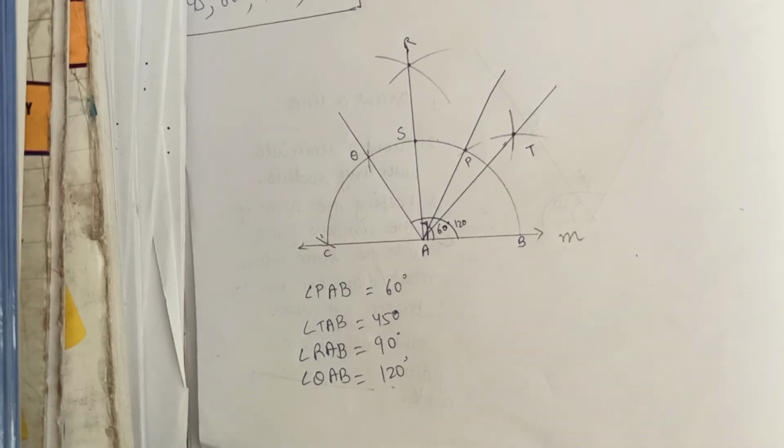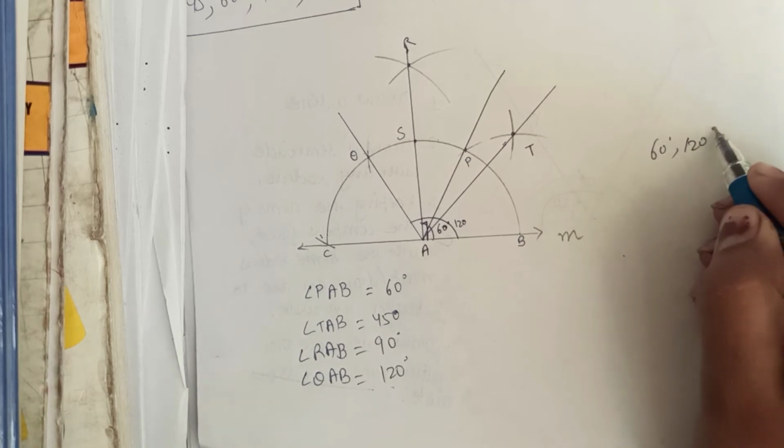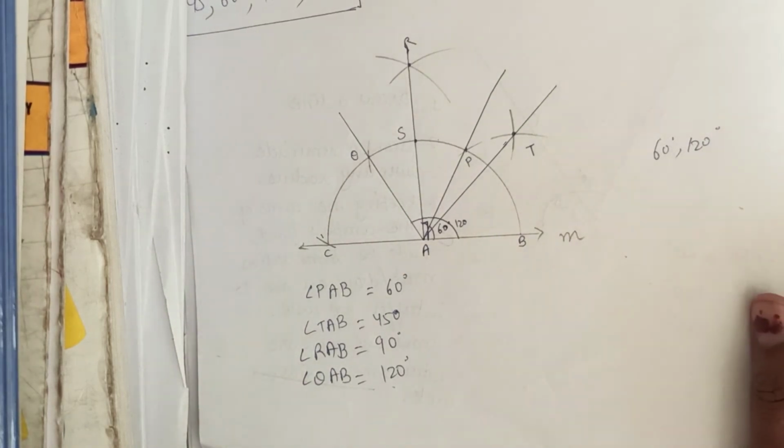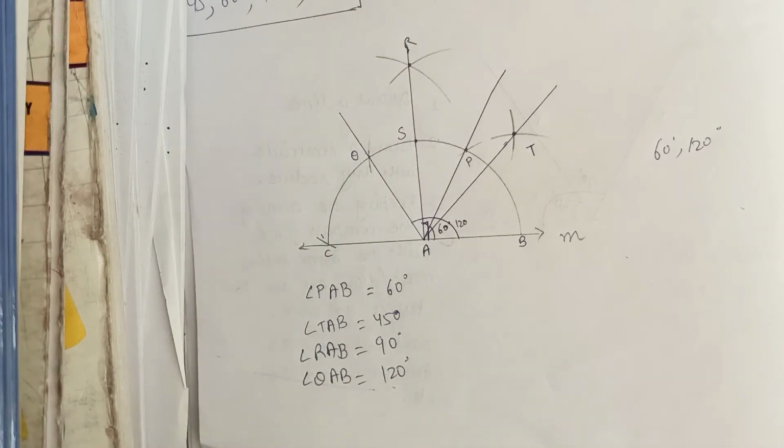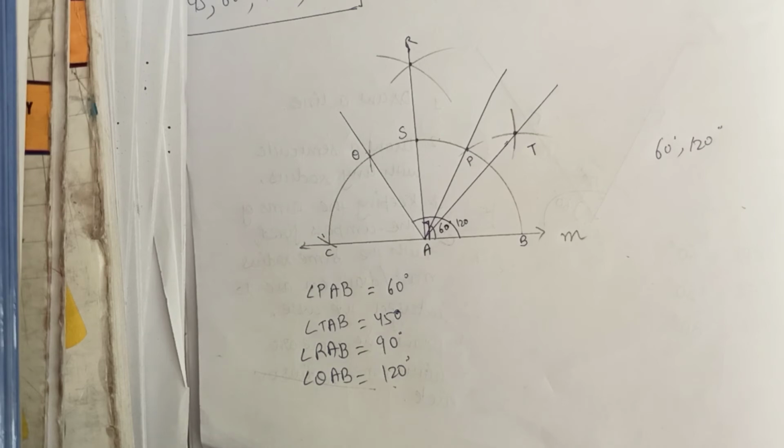Clear, beta? See, it is mentioned that only 60 and 120 degree angles we can construct with the help of compass and ruler, while other angles like 90 degree, 45 degree, 75 degree we have to construct by first constructing an angle with a ruler and compass, and after that we have to bisect that, right?